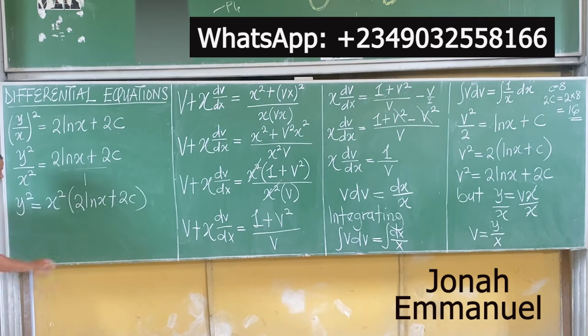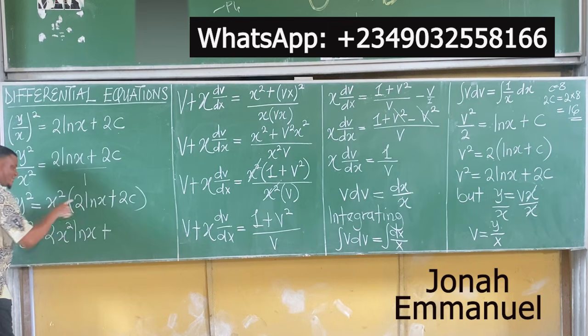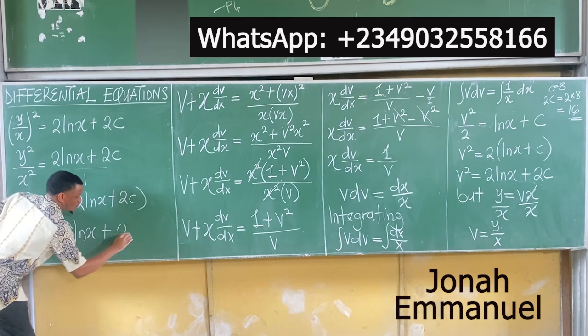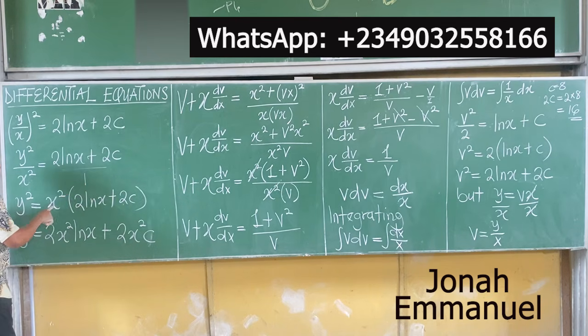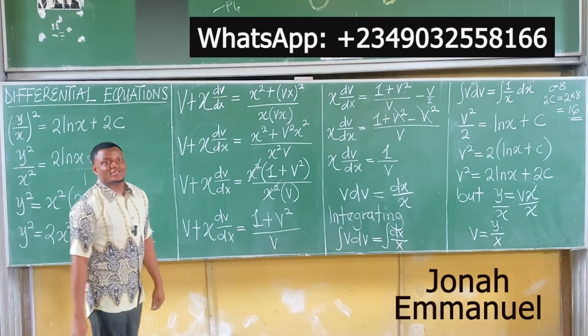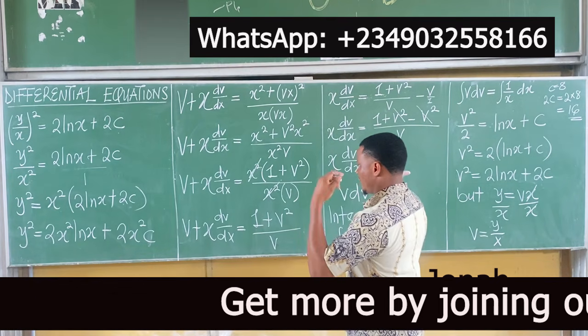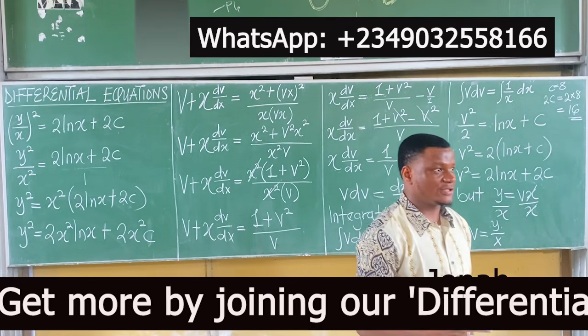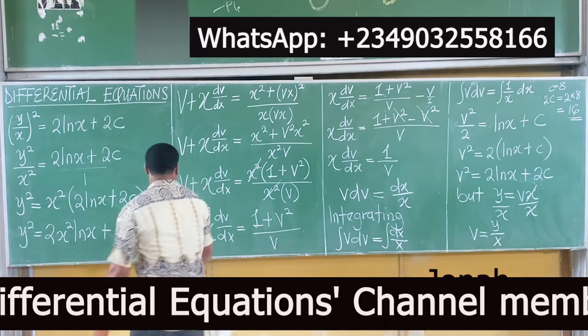Multiply this, and what do you have here? y squared is equal to 2x squared ln x plus 2x squared c. In doing this, we don't want to find the value of y squared. What we want is the value of y. So what do we do? Take the square root.